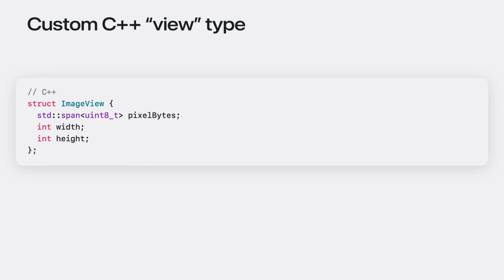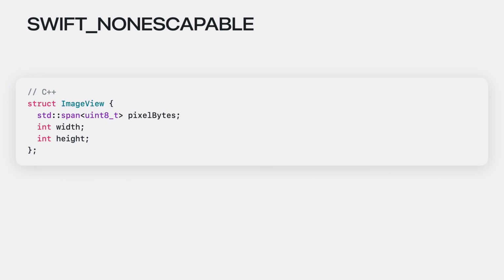If it did, the view could use the underlying memory after it is deallocated. So I want to make sure the type never escapes. For that, I can add the Swift non-escapable annotation. This way, the compiler imports the C++ type as non-escapable. A good rule of thumb is that if you have a struct that contains a view or pointer to memory that it doesn't own, you should use this annotation.